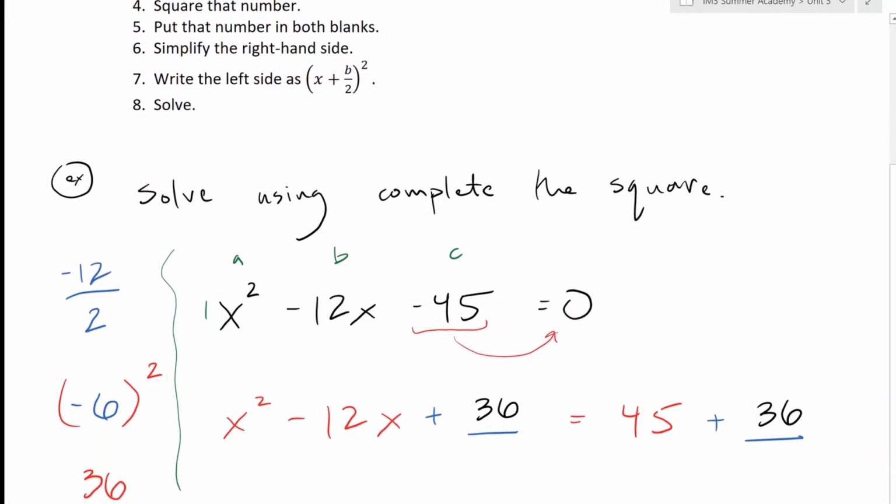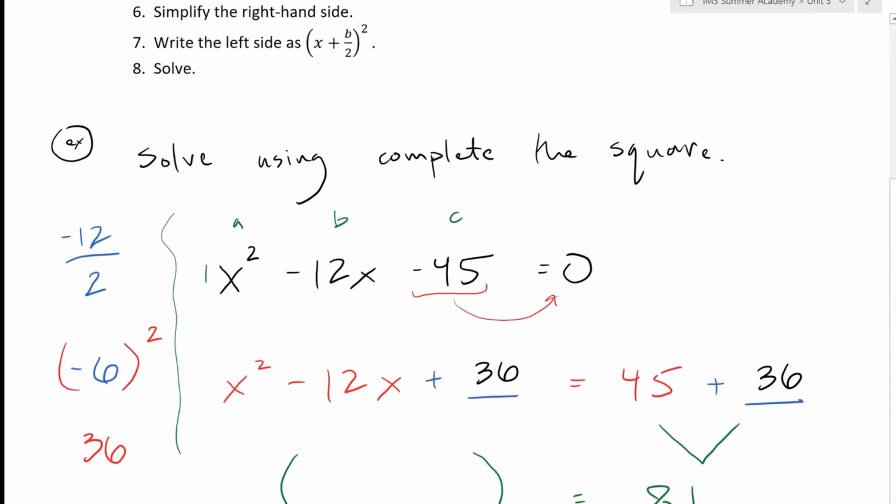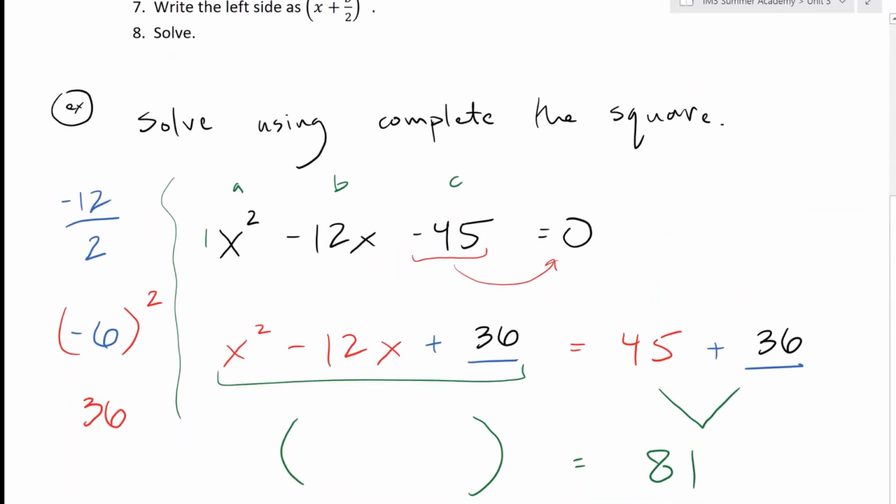Step 6, simplify the right-hand side. So on the right-hand side of the equal sign, the 45 and the 36 make an 81. On this side, we're going to write it in the squared version. That's where the square part of completing the square comes from. It's going to be a set of parentheses and it's going to be squared. So if we were to factor this, we would get the same binomial twice.